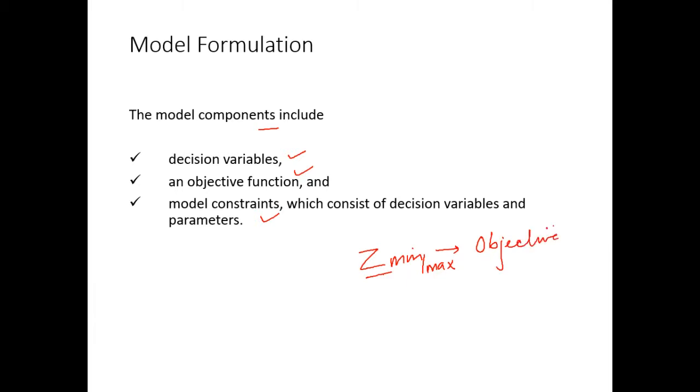Then in transportation we said the demand at market D1 is 400 units. So what is this? Is this a decision variable or objective or constant? Very good.